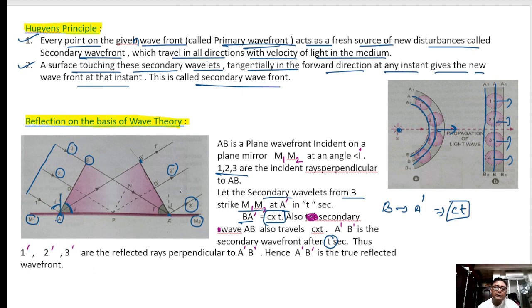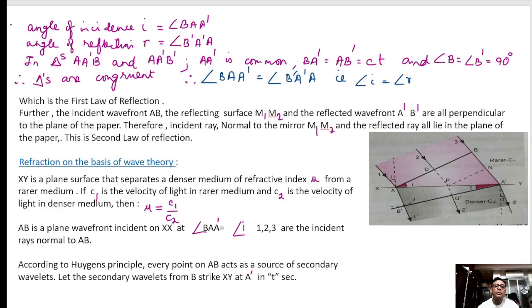And this is the reflected ray making an angle r, so this also will be angle r. So now we can say the angle of incidence is i and the angle of reflection is r.